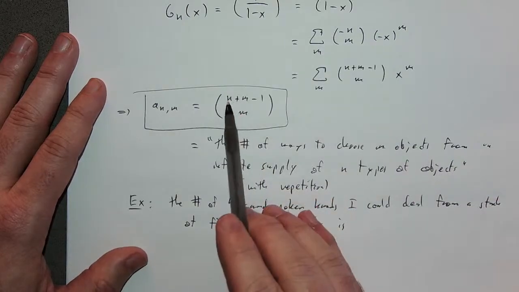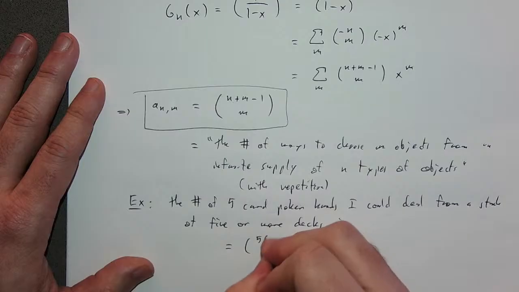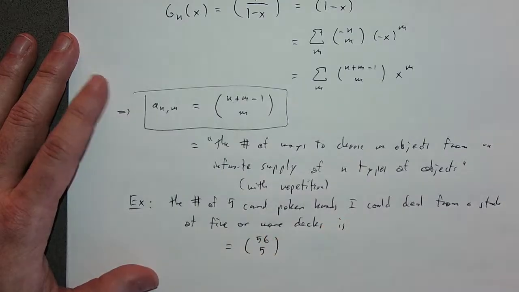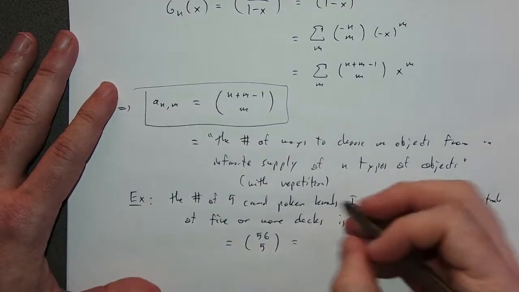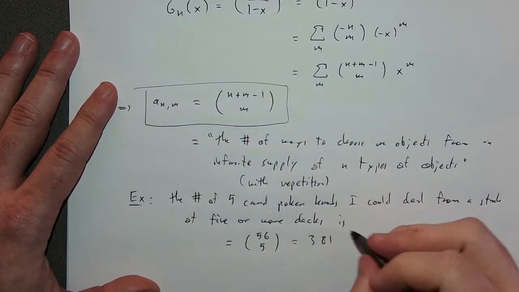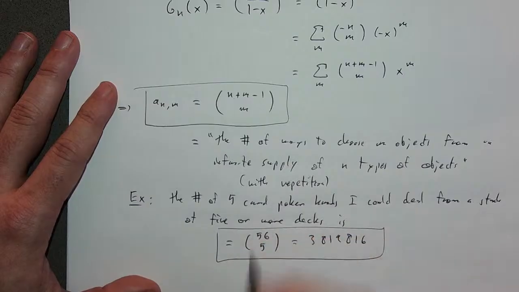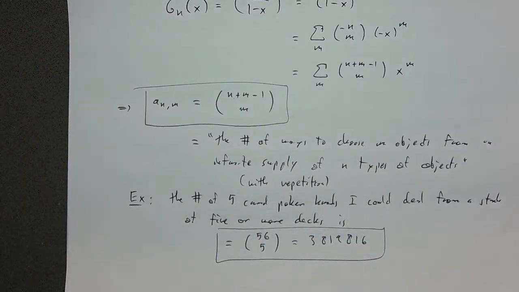So this would be 52 plus 5 minus 1, so 56, choose 5, which is 3,819,816.